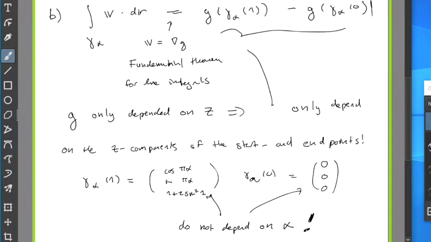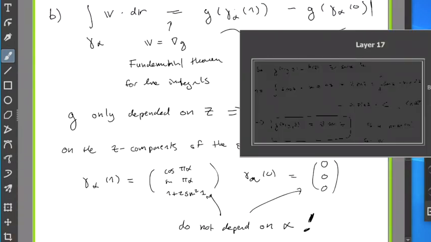So that means that the value of our line integral, which only depends on these two things, is independent of alpha, and that's what we need to show. Yes, of course. So this is the fundamental theorem of line integrals.